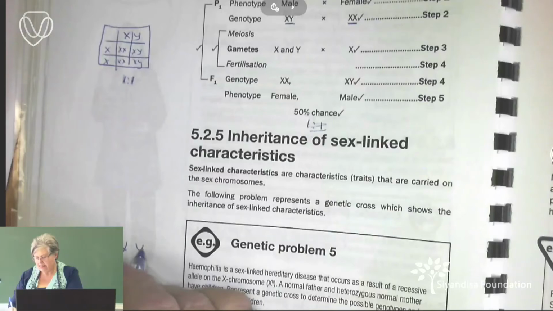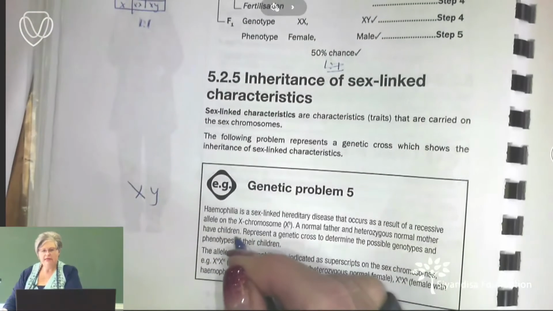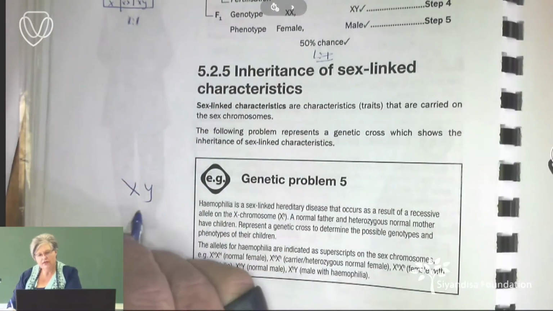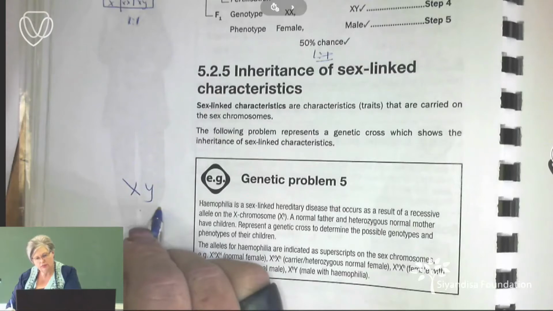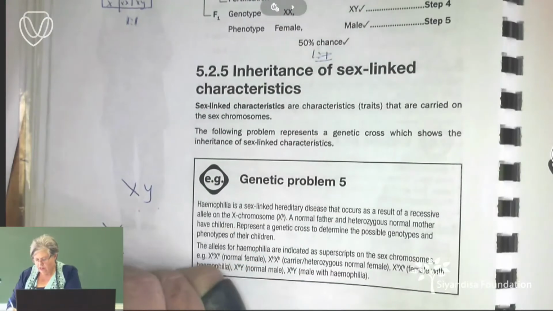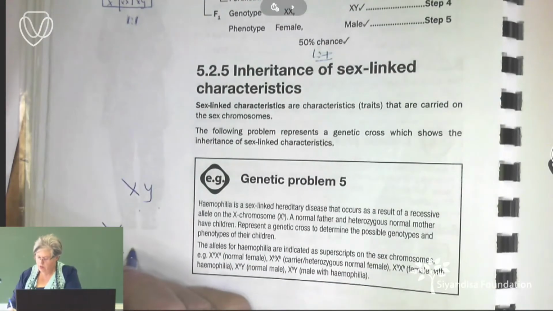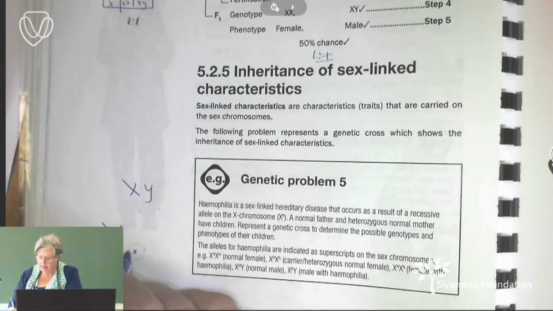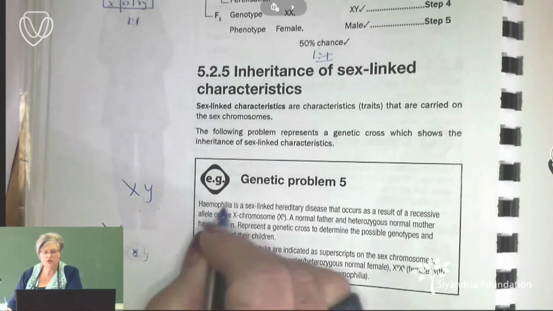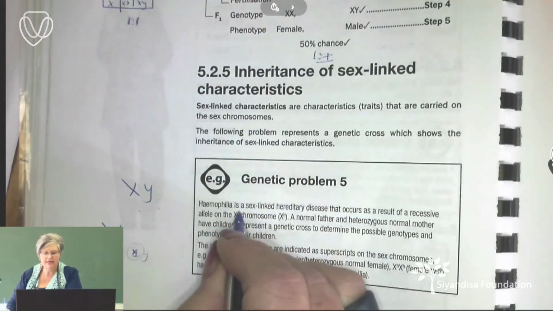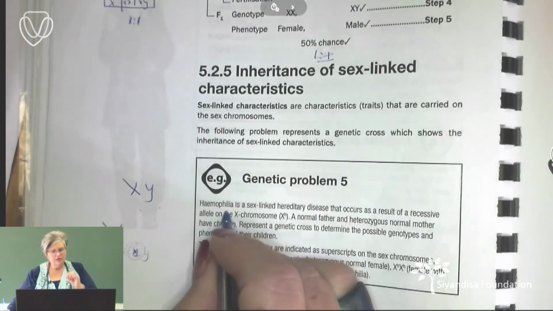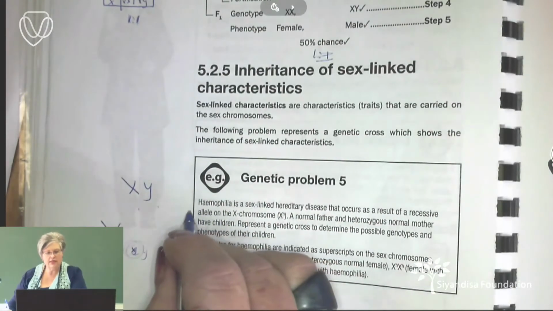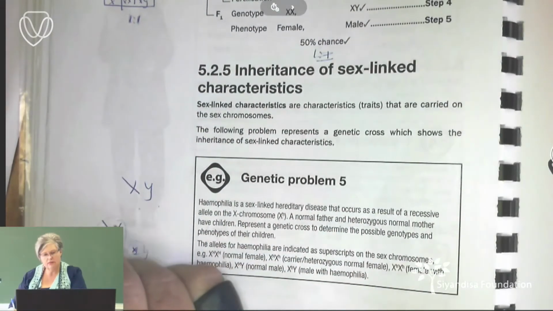It's X and it's Y. But if you look at the appearance of the X and the Y chromosomes, the X is usually a very big chromosome, while Y is a small little chromosome like that. So there's no space on the Y chromosome to carry different alleles. The only gender chromosome that carries alleles is the X chromosome.